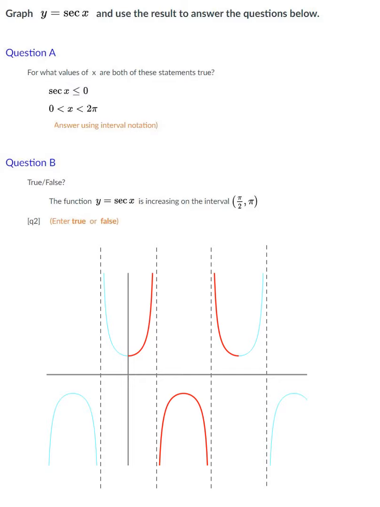And where is the secant undefined? Well, to answer that, I always think to myself, the secant is the reciprocal of the cosine, and 0 doesn't have a reciprocal, and therefore anywhere that the cosine is 0, the secant won't exist.